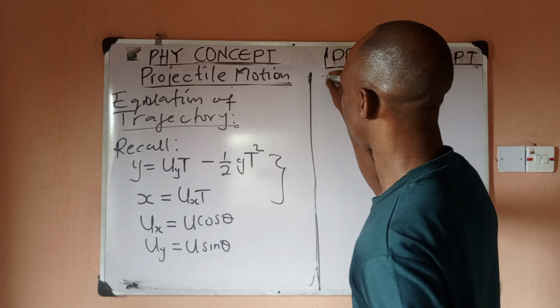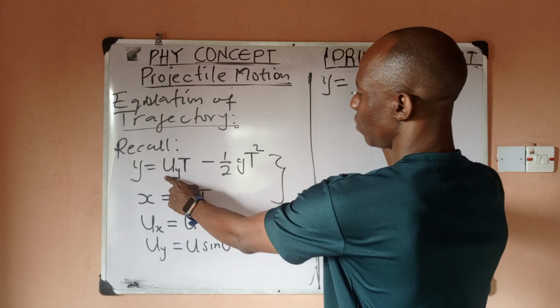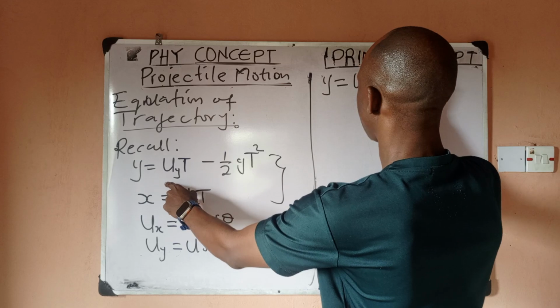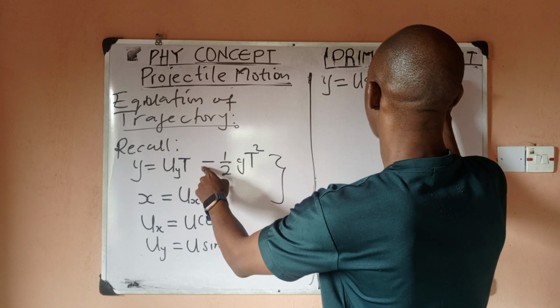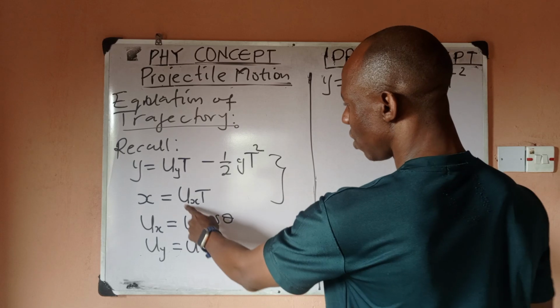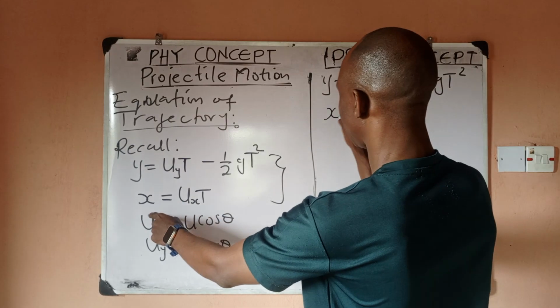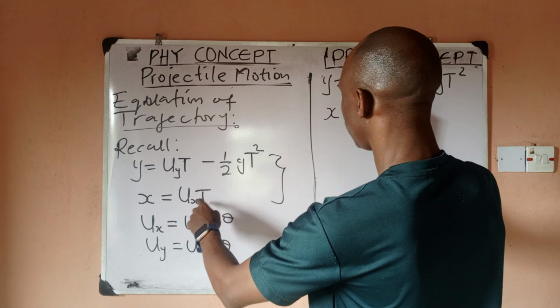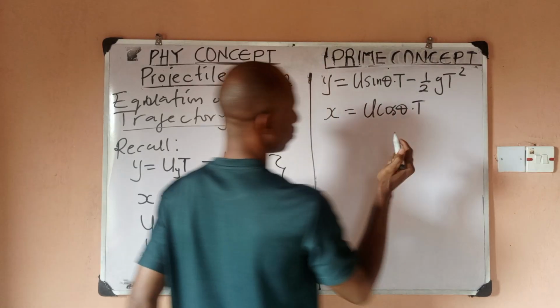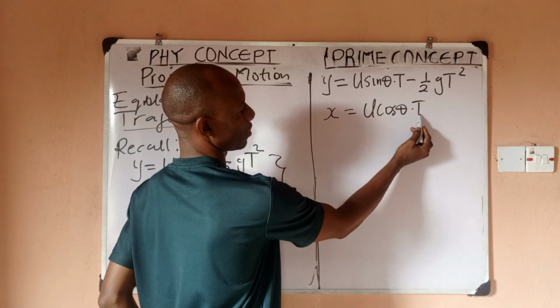So if we substitute, I will get y to be u sine theta times t minus half g t squared. Also, if I substitute, I have that x is equal to u cos theta times t. Now see what I'm going to do. I want to make t the subject from this.